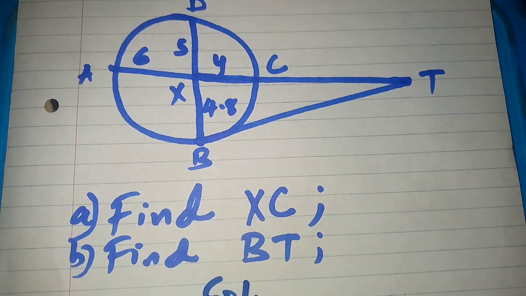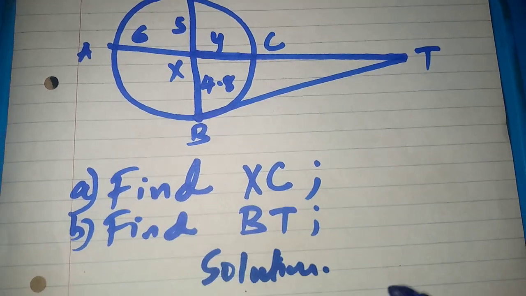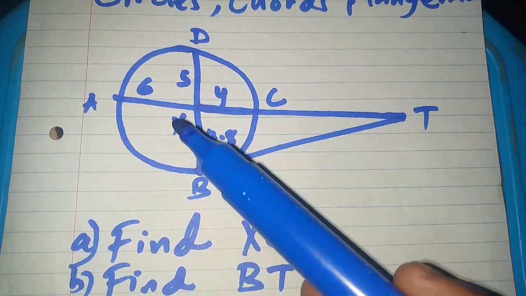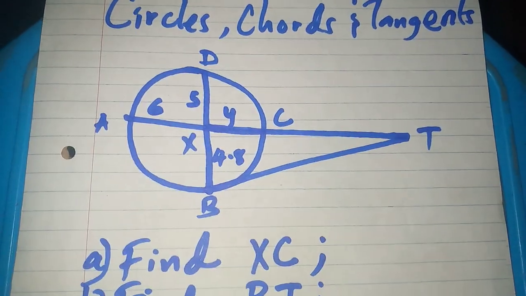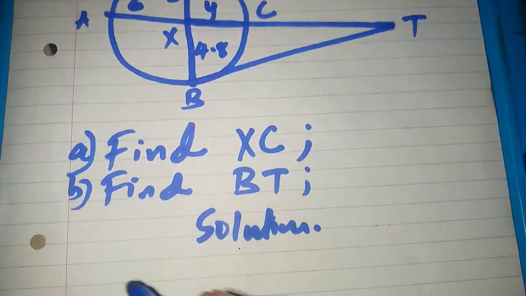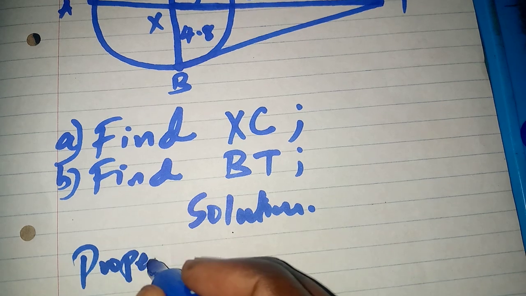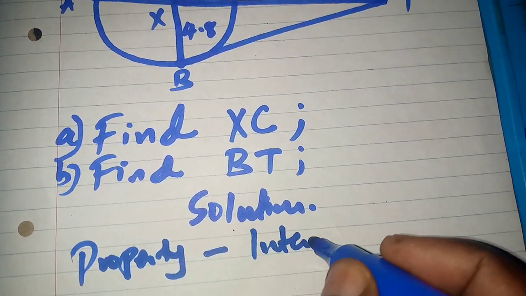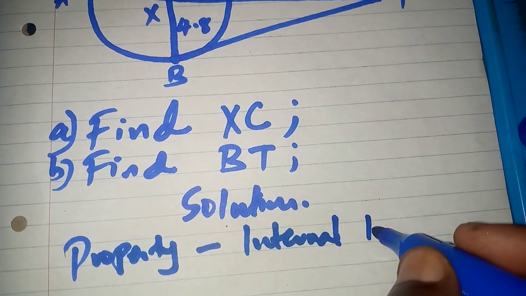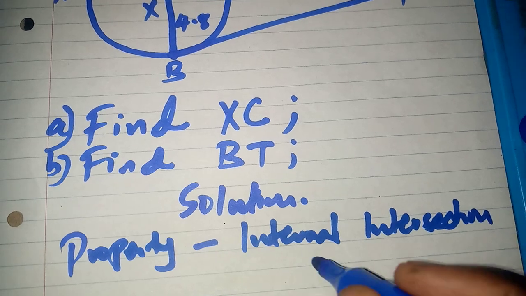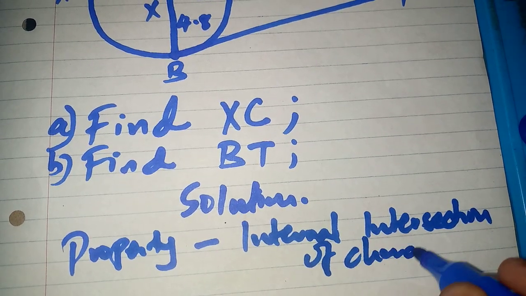So on the solution part, if you look at this diagram, we have two chords intersecting inside a circle. And we have a property here involving internal intersection of chords.